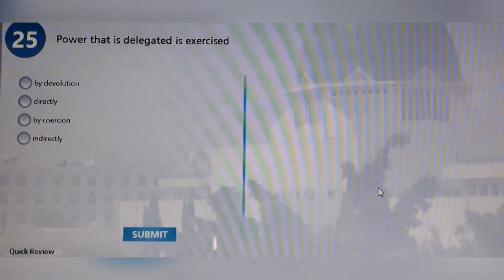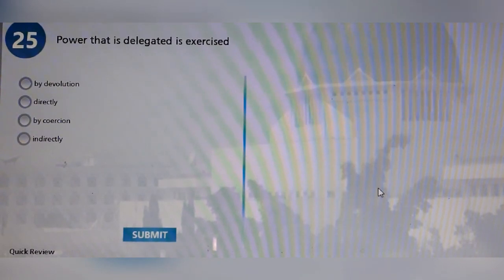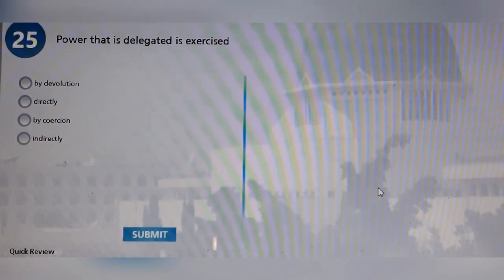Number 25 says, power that is delegated is exercised A, by devolution, B, directly, C, by coercion, or D, indirectly. Please do not make the hasty inference of picking by coercion, which is option C, because coercion is mainly attributed to power.